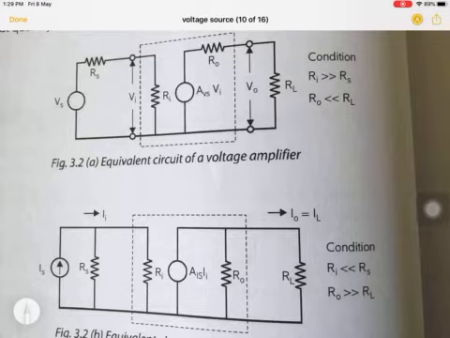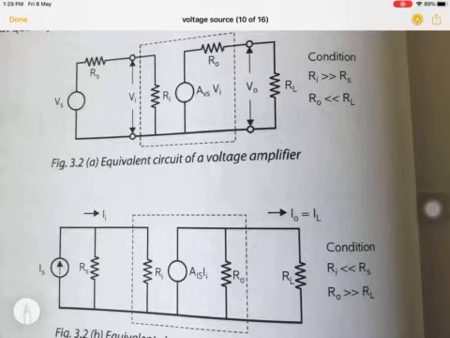If input is voltage and output is voltage, it is known as a voltage amplifier. If both are current, it is a current amplifier. If input is voltage and output is current, it is a transconductance amplifier. And if input is current and output is voltage, it is a transimpedance amplifier.